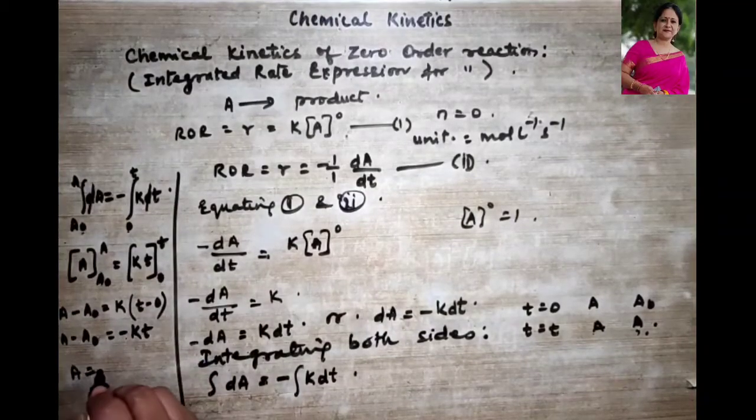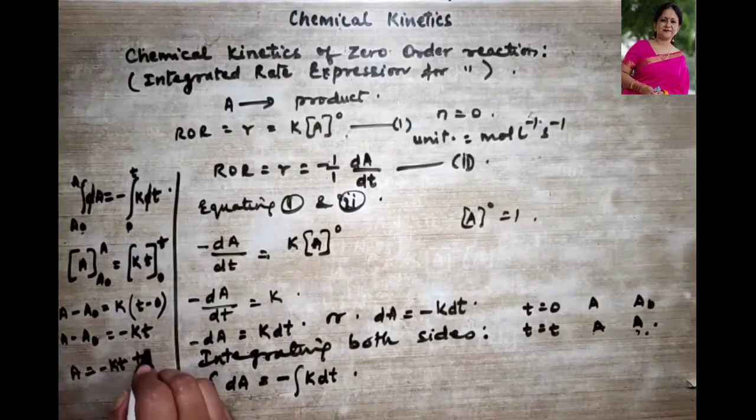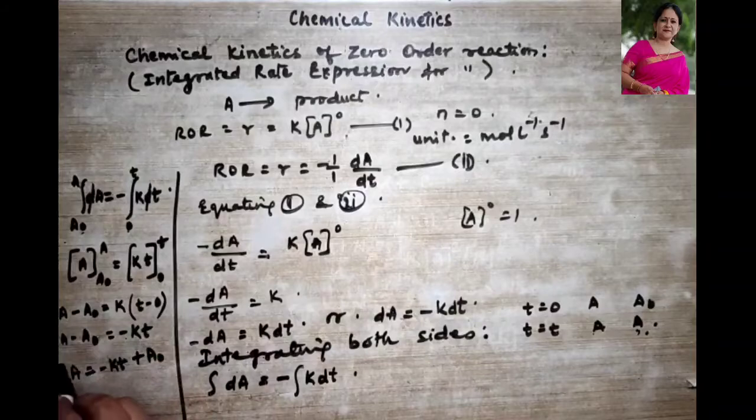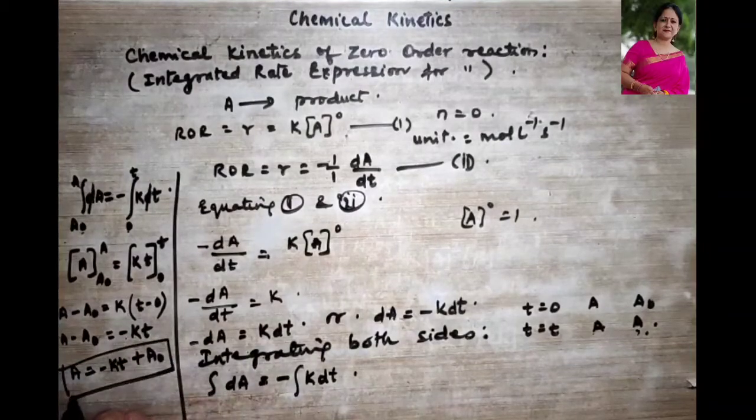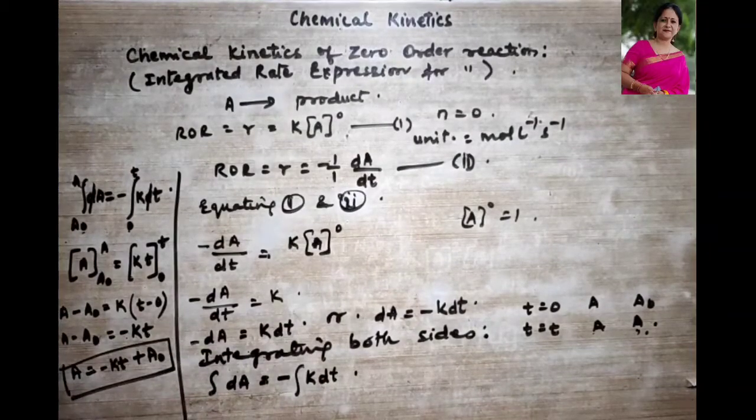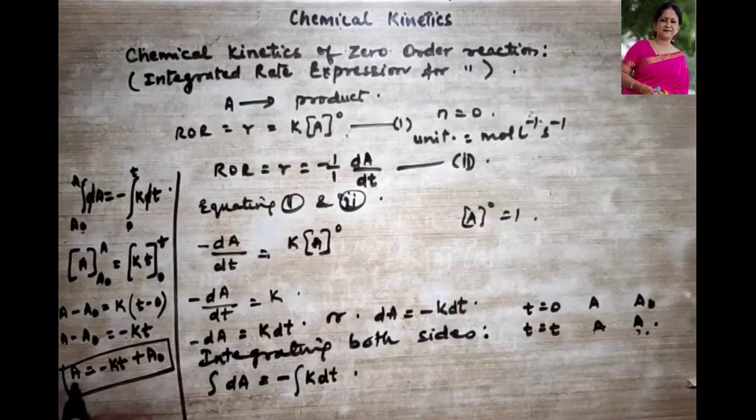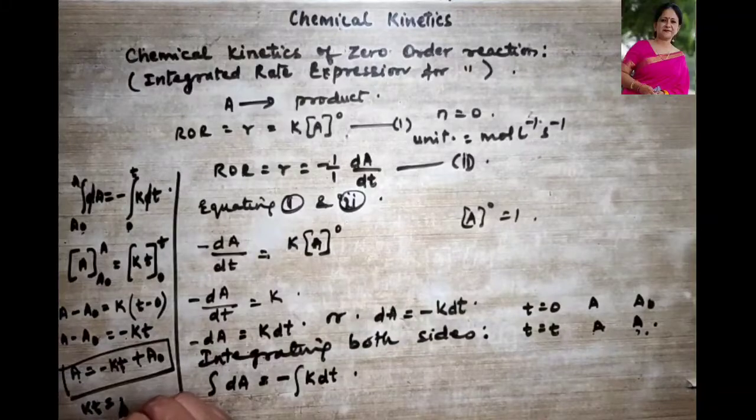Therefore, A is equal to minus kt plus A0. This A0 comes here. So this becomes A is equal to minus kt plus A naught. If we say that rate constant into the time is equal to A0 minus A, right?